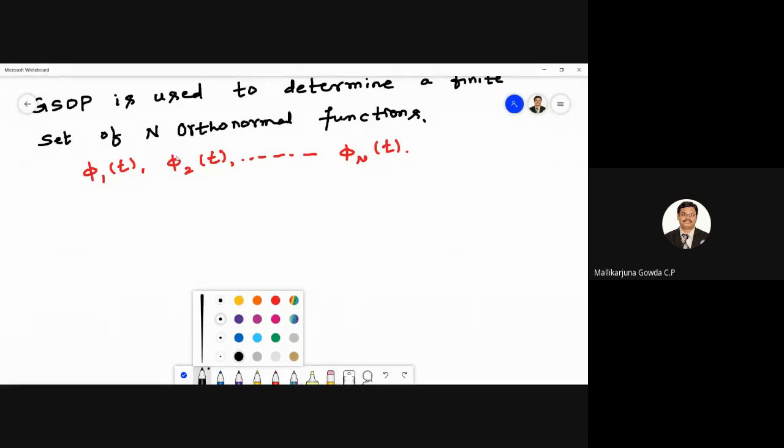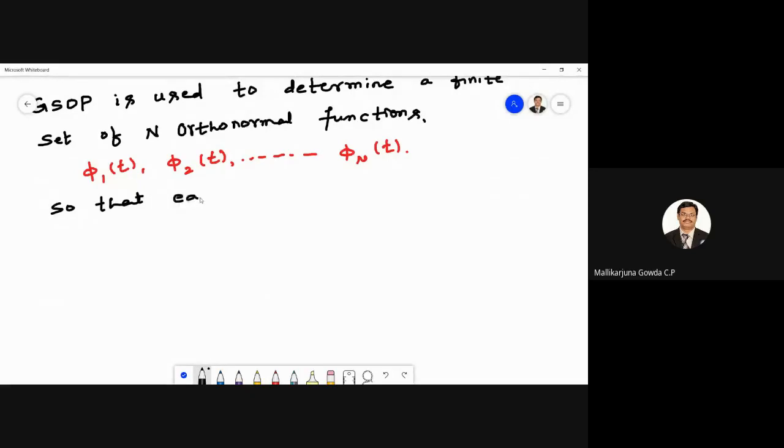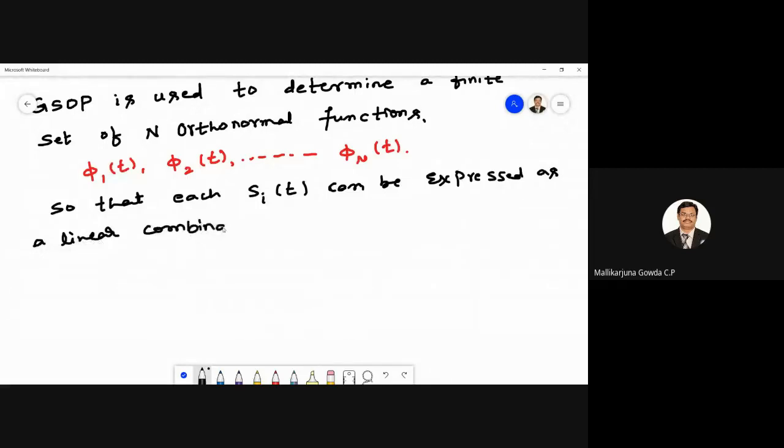Each s i of t can be expressed as a linear combination of these n orthonormal functions.